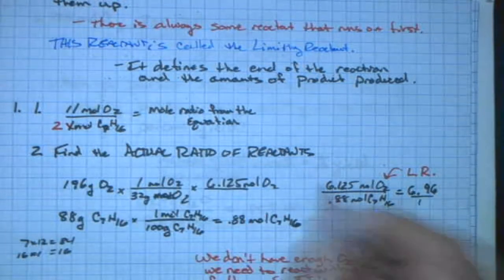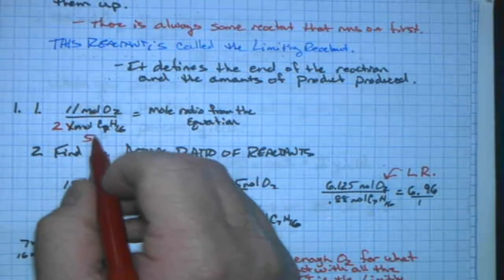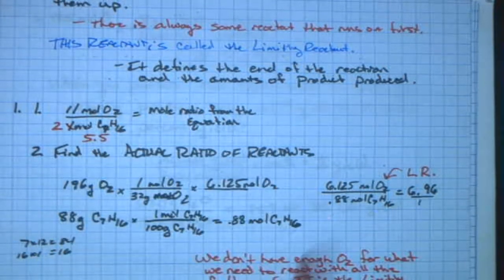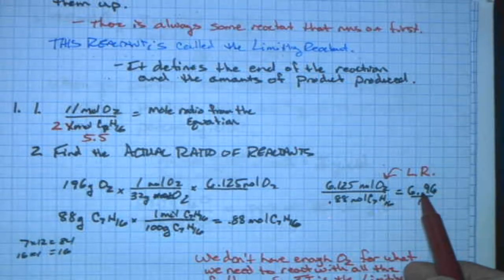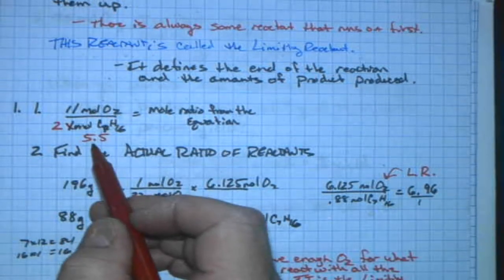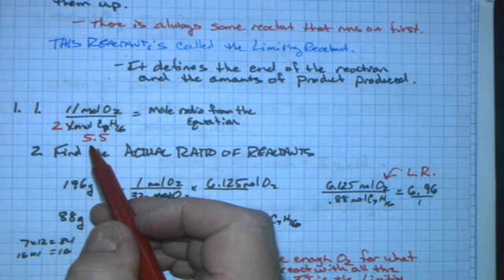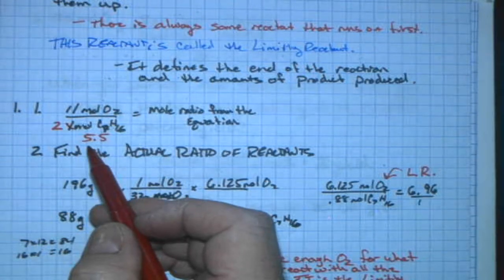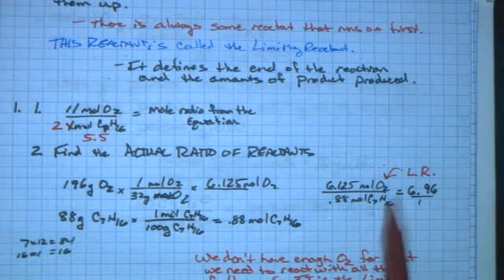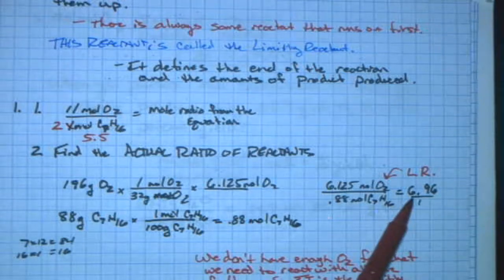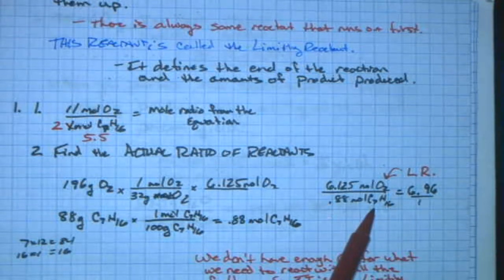So that would be 5.5 rather than 11. This number all of a sudden would be greater than that, right? So what would that tell us? Okay, that we have more oxygen than we need, and so the other one would be the limiting reactant.